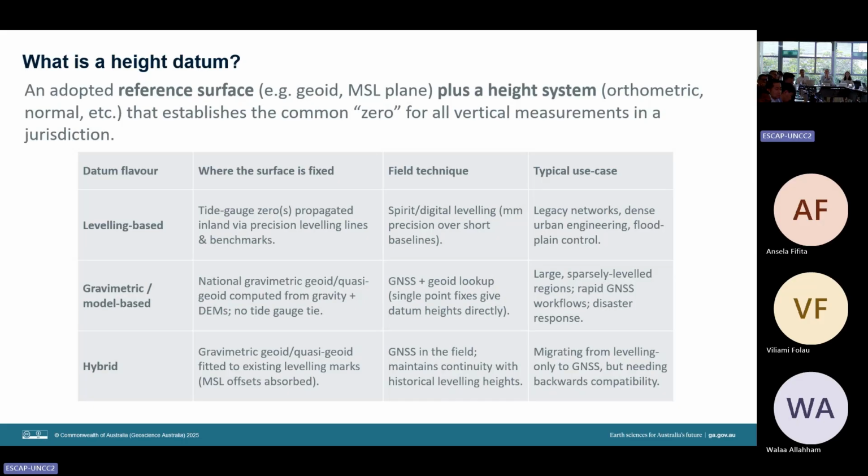Longevity and stewardship. A height datum is expected to remain stable for decades, often outliving the instruments that were used to realize it in the first place. And custodians therefore really need to monitor geophysical change, sea level rise, crustal motion, gravity field updates, and ideally publish periodic realizations or corrections that keep the datum aligned with the physical reality, while also preserving its historical compatibility.